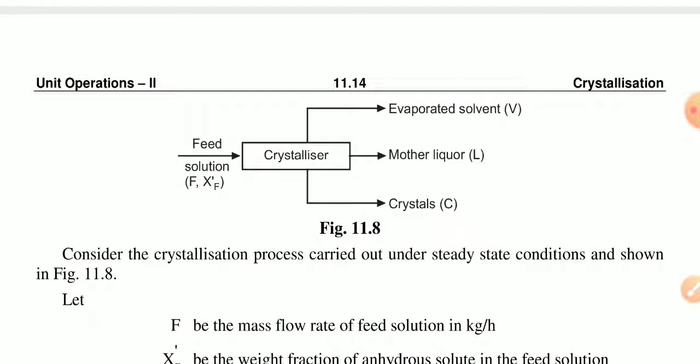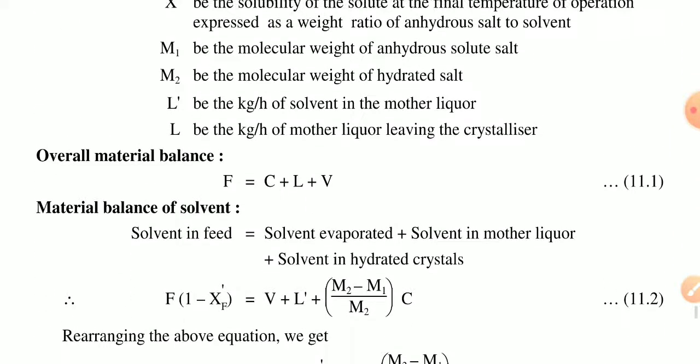And L is the kg per hour of mother liquor leaving the crystallizer. Then we find the overall material balance equation.